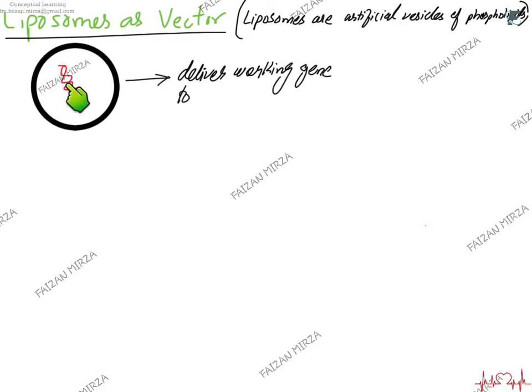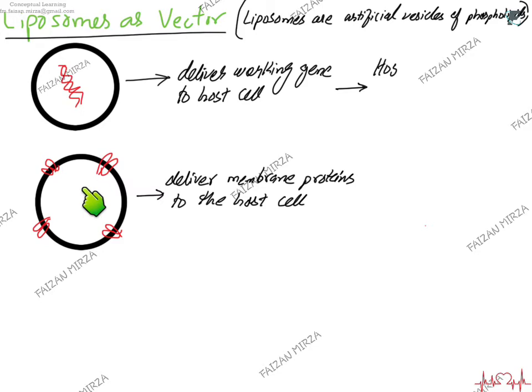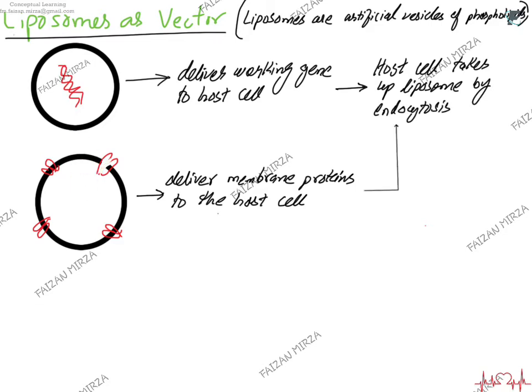So you can deliver this gene or the product of the gene, for example the channel proteins incorporated on the membrane of phospholipids here. In this way, the gene or the gene product can be delivered to the host cell, and the host cell will take up these liposomes by the process of endocytosis or phagocytosis, and the gene will be delivered inside the cell. And not only the gene, the gene product can be delivered to the cell in the very same way.